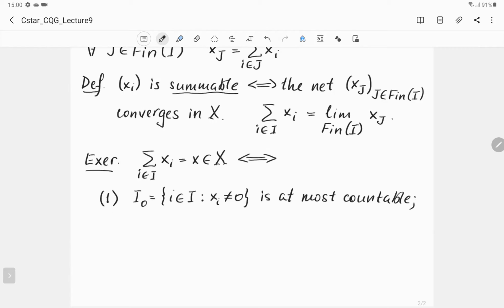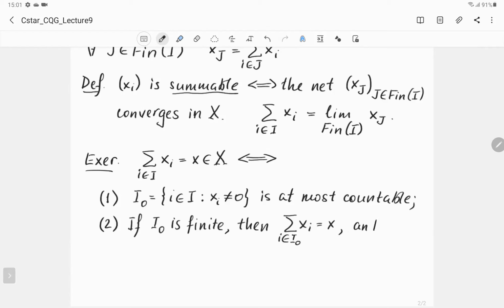And condition two is as follows. If the set I_0 is finite, then the sum of x_i over this set is x. So in this case, we have just the finite sum.